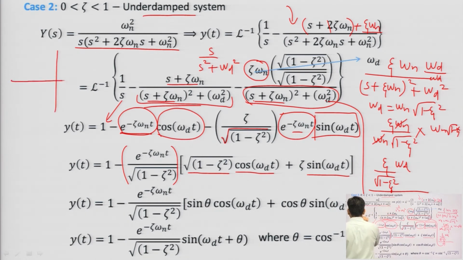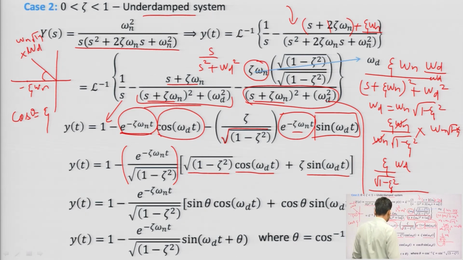Zeta omega n was the real part, and this was omega d, that is, omega n under root 1 minus zeta square. If we calculate cos theta, then what would the value be? It would be zeta. We had done this calculation. So, here this zeta will be replaced by cos theta, right. In the same way, this under root 1 minus zeta square term will be replaced by sin theta. If I calculate sin theta here, so this will be a sin theta term.